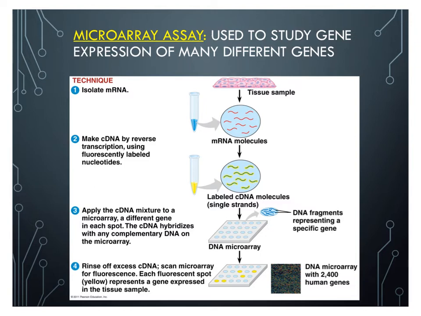And then you apply the cDNA mixture to a microarray in each little well, and it'll hybridize with a complementary strand, and then you can rinse and basically see where the fluorescent spot is expressed and where it's not. It's almost like targeting, trying to figure out where certain traits are on a DNA range, kind of where it would look like.